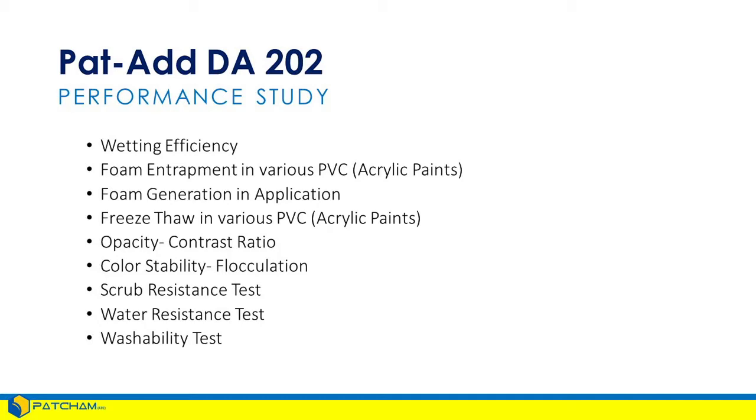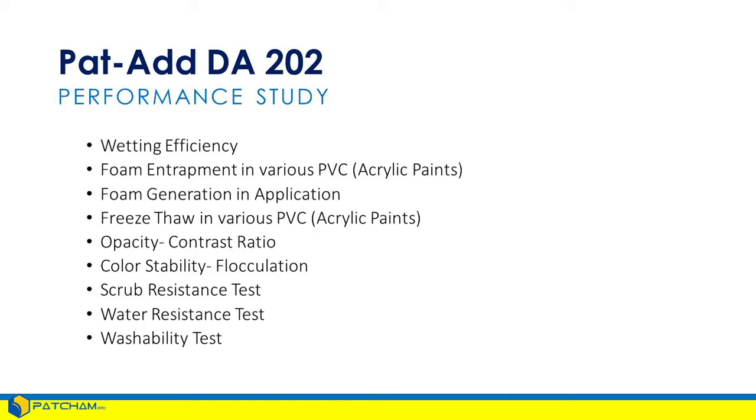We're going to look at the comparison of APE versus 202 in foam generation, application, freeze-thaw stability, contrast ratios, resistance to color flocculation, and water resistance, washability, blistering, and scrub resistance testing, comparing APE with 202.